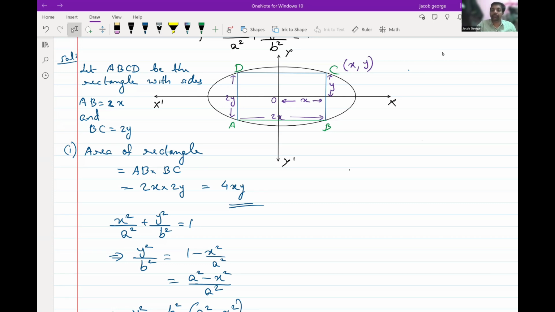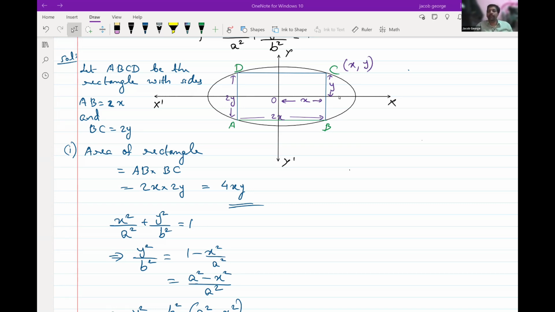Please draw this diagram. The length is 2x and the width is 2y.